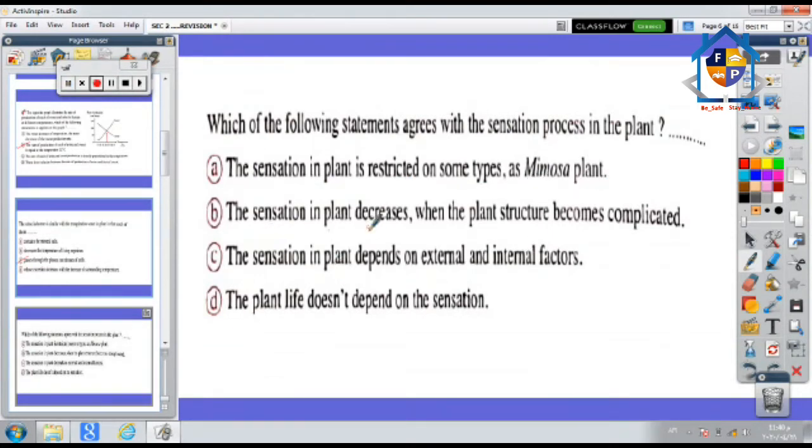Or the sensation in plants decreases when the plant structure becomes complicated. Or the sensation in plants depends on external and internal factors. Or plant life doesn't depend on sensation. We know that the sensation present in plants depends on external and internal factors.